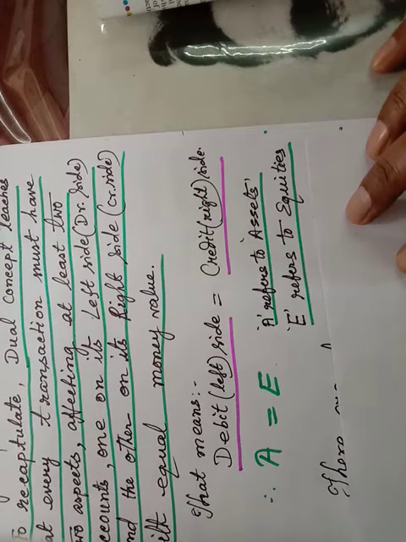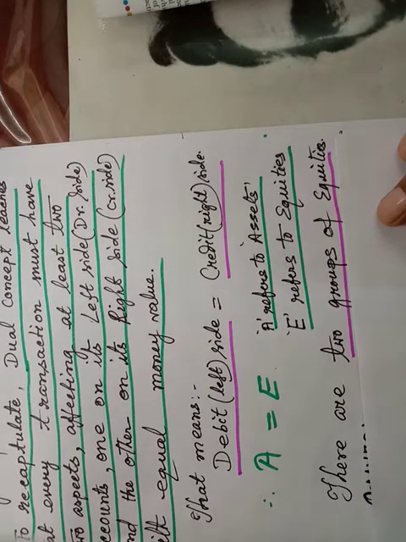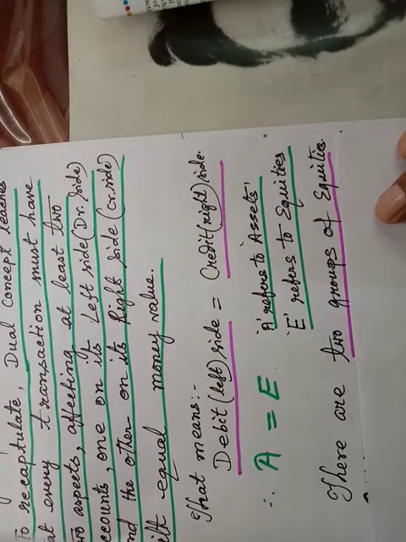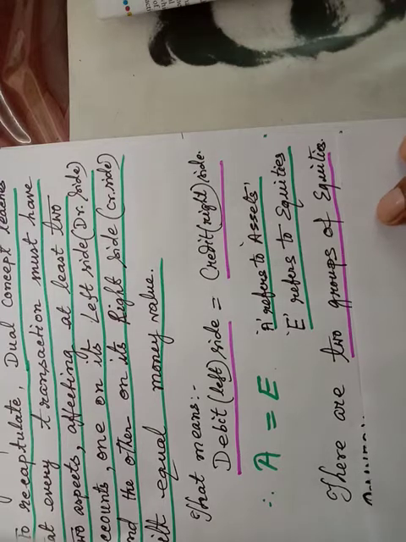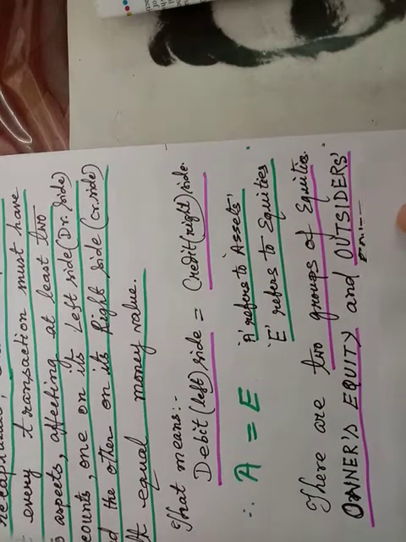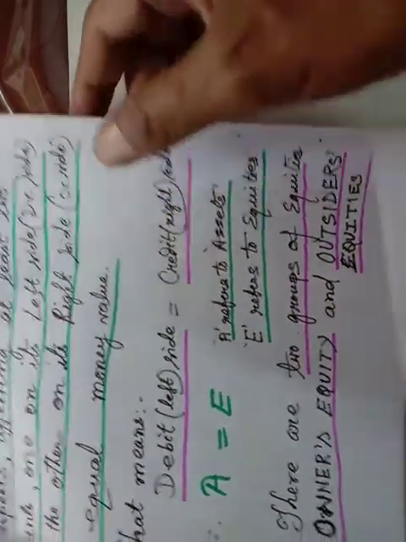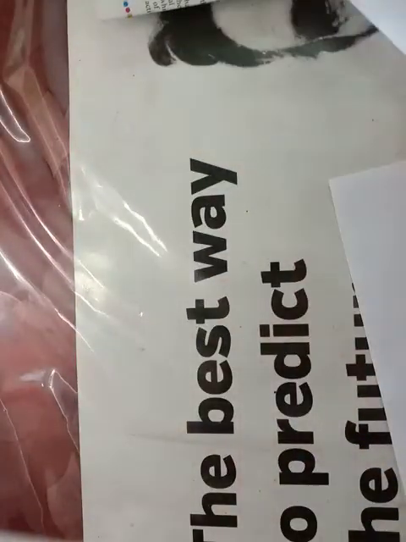Equities means claims, as I explained before. There are two groups of equities or two groups of claims: owner's claim or owner's equity, and outsider's claim or outsider's equities. So there are two equities, meaning two claims against the assets.